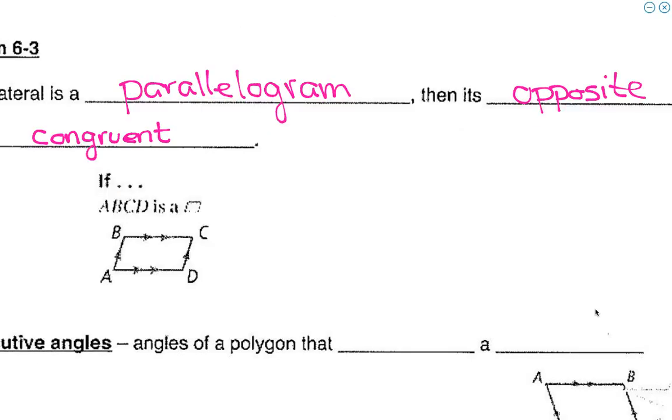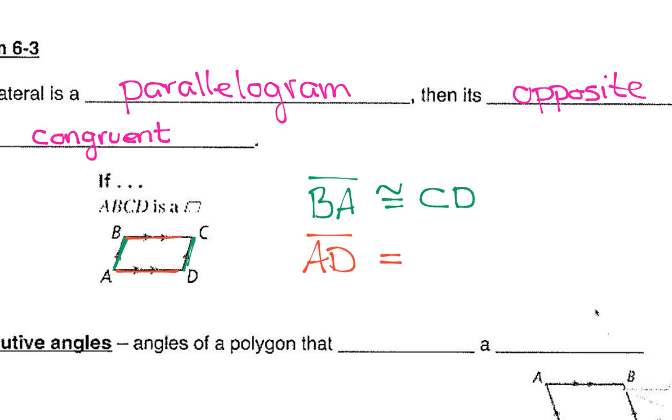So opposite sides, that means that BA is congruent to CD. AD is congruent to BC.